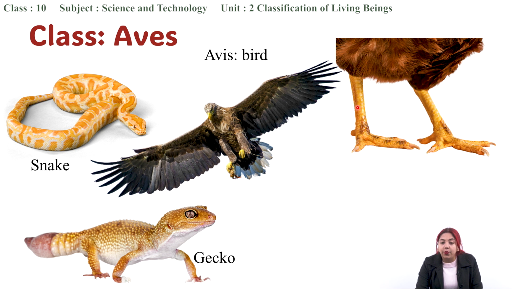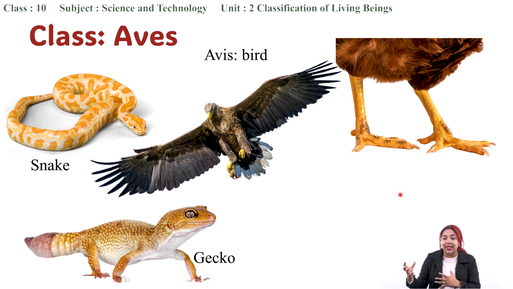Even though they do not possess scales all over their body, the scales are reduced, and in their legs, in the feet region, you can see there are scales, which are similar to the scales of the reptiles. And you can see that their digits also have claws, and the digits of reptiles also have claws.